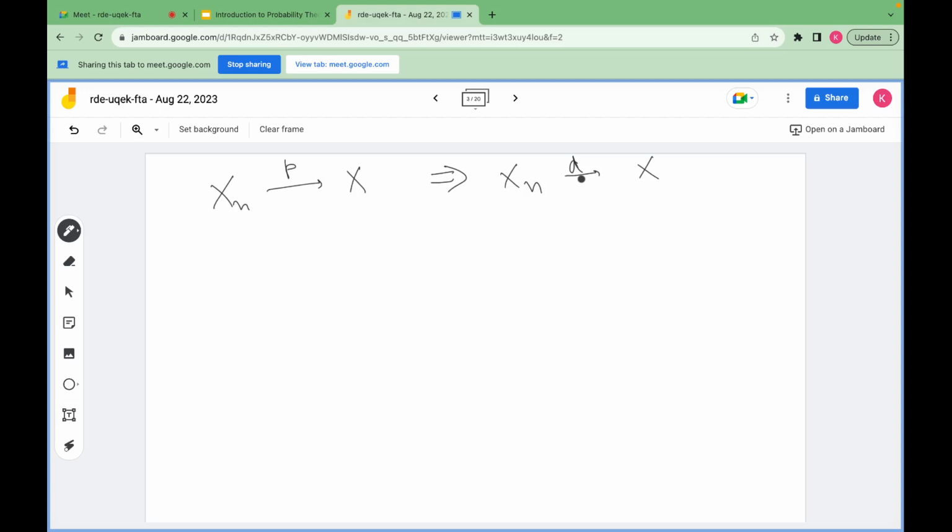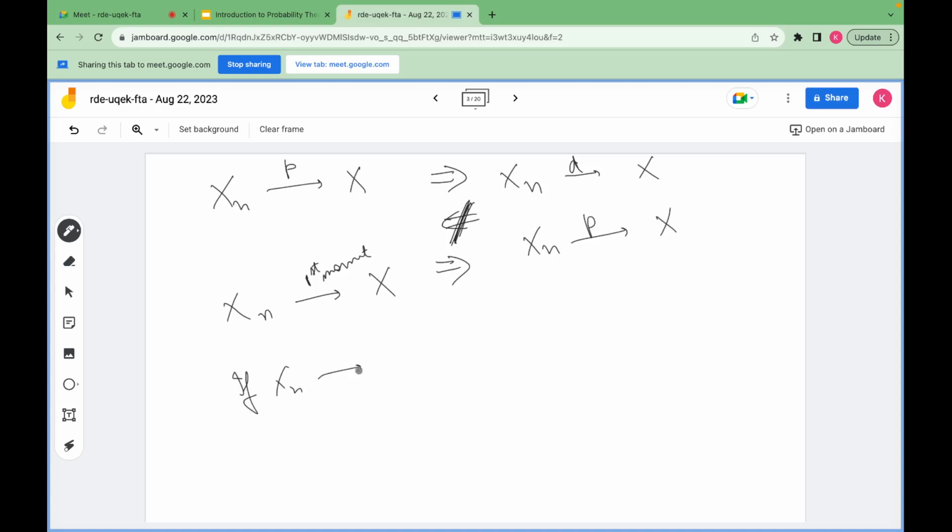It implies that, but it does not work in the converse way. Okay, similarly if Xn converges to X in the first moment, with the expectation, then we can say that it will also converge in probability.